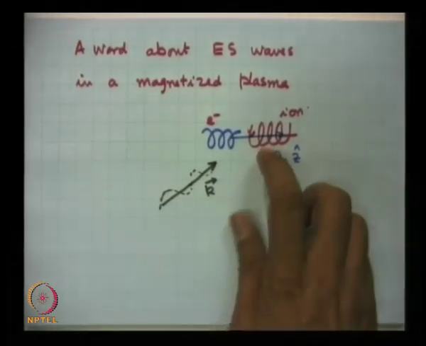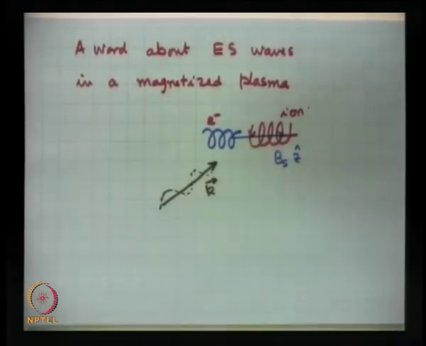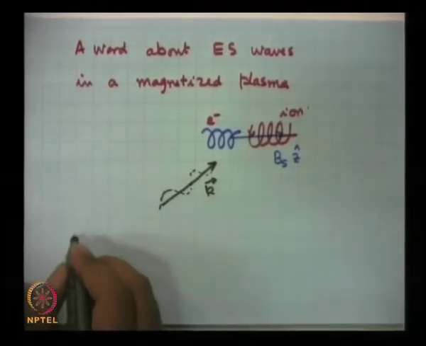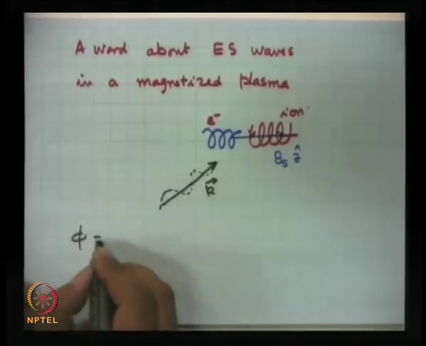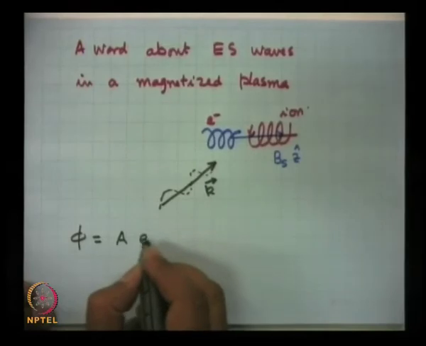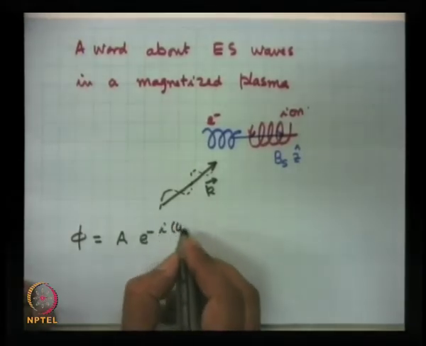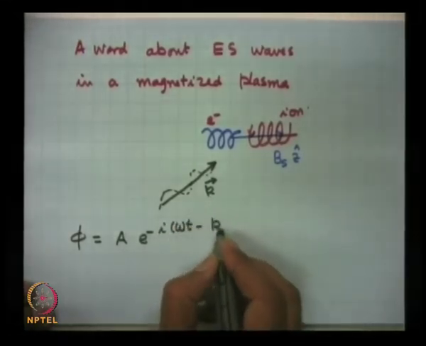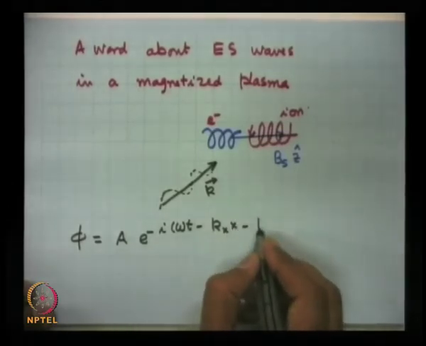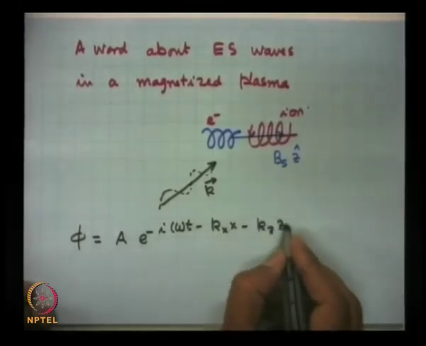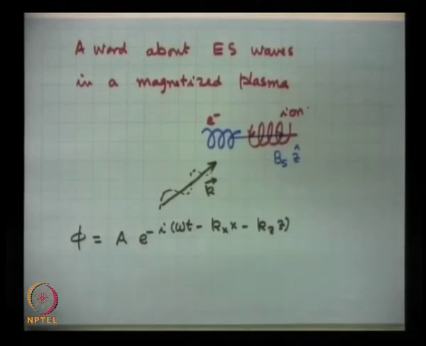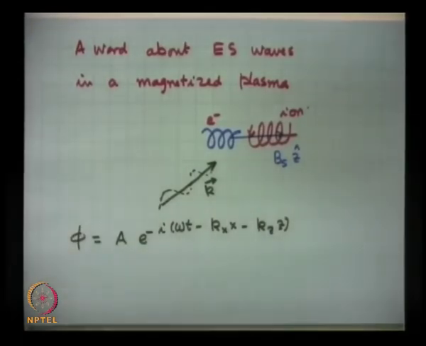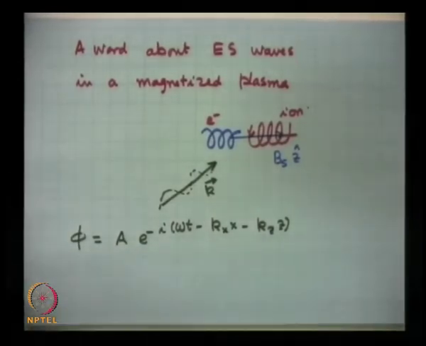Now, these gyrating particles see an electric field, as I mentioned earlier. Suppose I consider a potential phi equal to A exponential minus i omega t minus k_x x minus k_z z. Suppose this is the kind of potential of an electrostatic wave I consider.